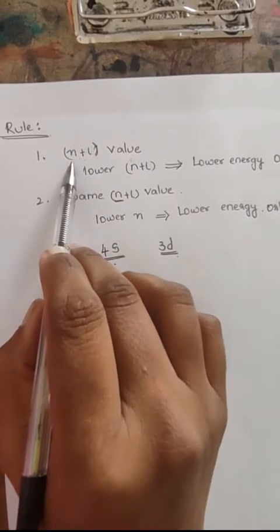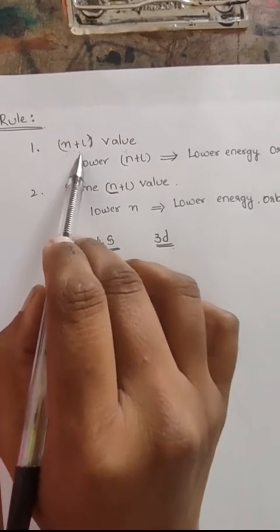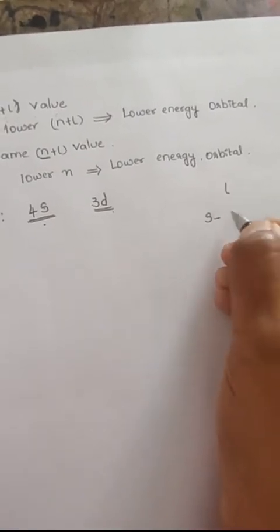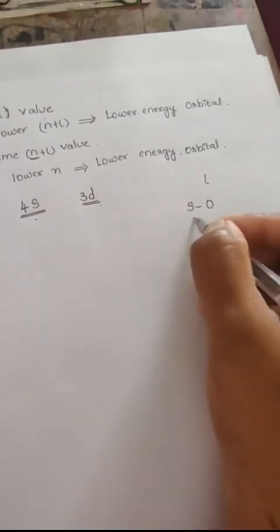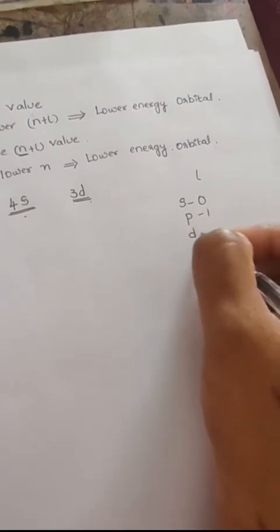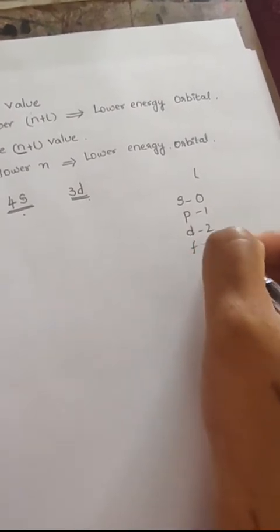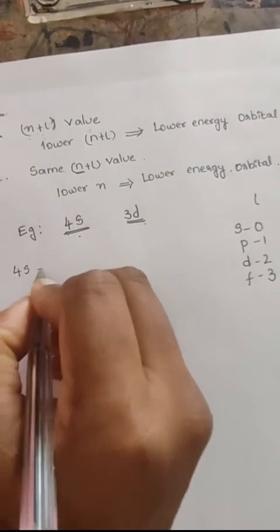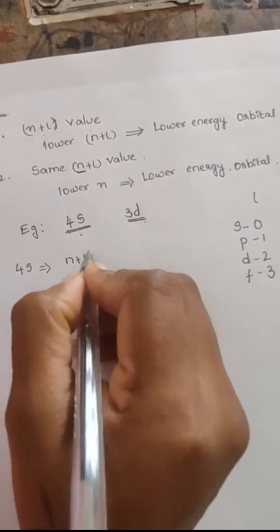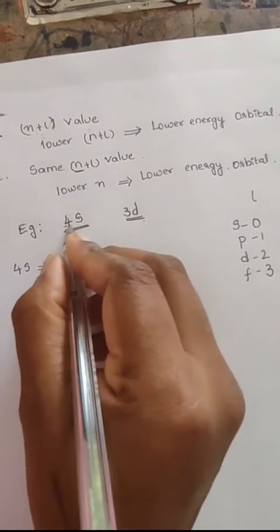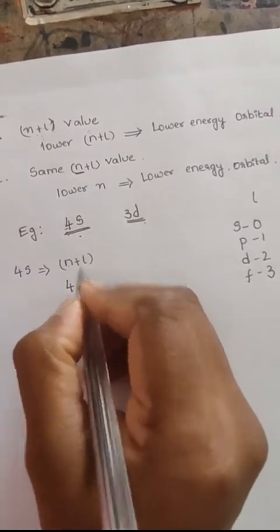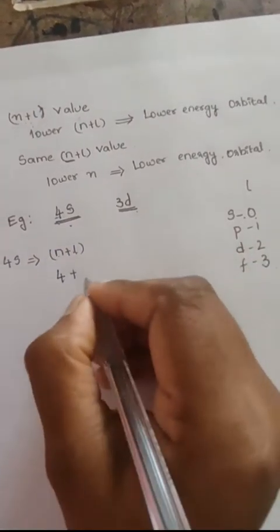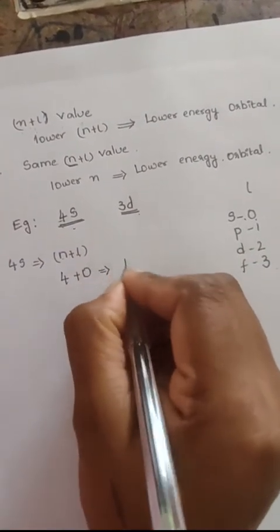n means principal quantum number, l means azimuthal quantum number. For s orbital, azimuthal quantum number l is 0. For p orbital it is 1, d orbital 2, f orbital it is 3. So for 4s orbital, n is 4 and l for s is 0. So 4 plus 0, 4.